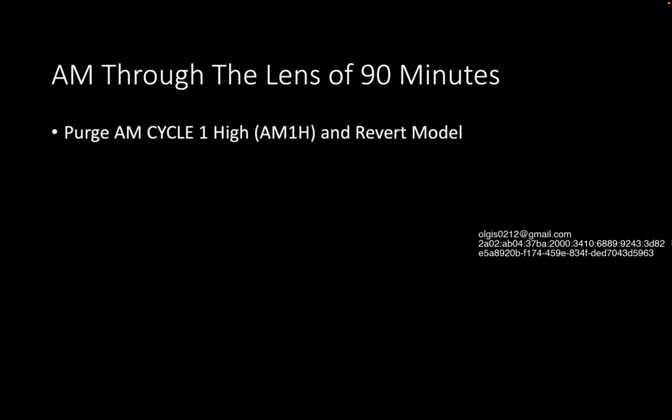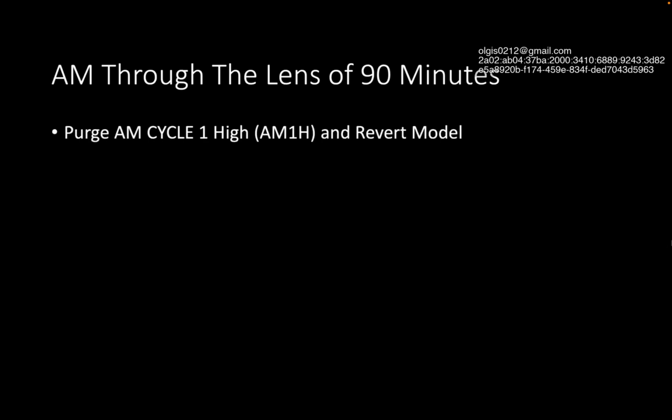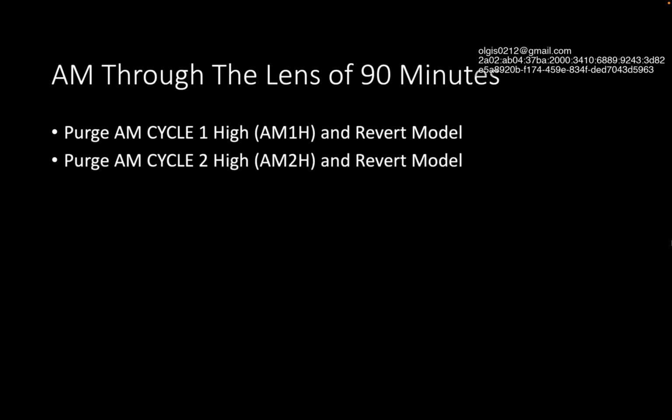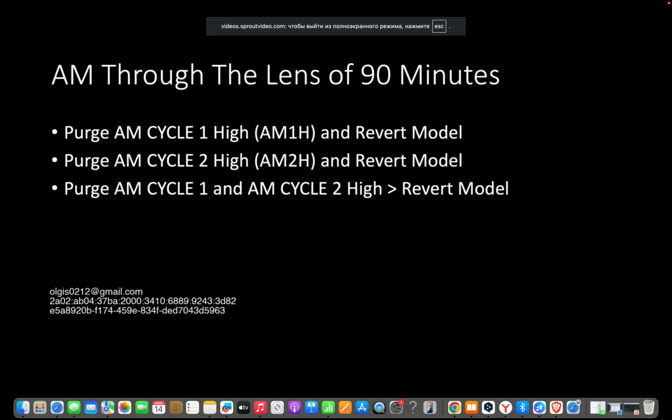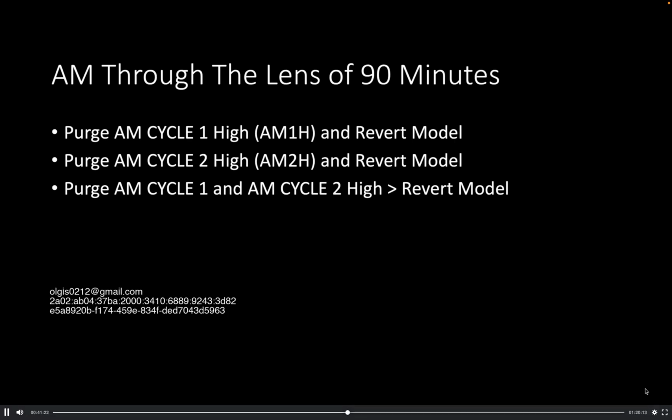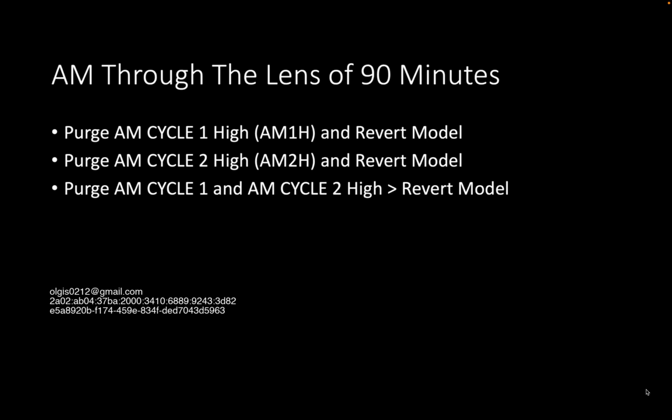First of all, we are looking at the following scenario in which a purge of the first AM cycle's high, AM1H, and reversal model occurs. The second model will be a purge of the second AM cycle's high and a reversal model. The third scenario will be a purge of both the AM cycle 1 and AM cycle 2 highs and a reversal model.